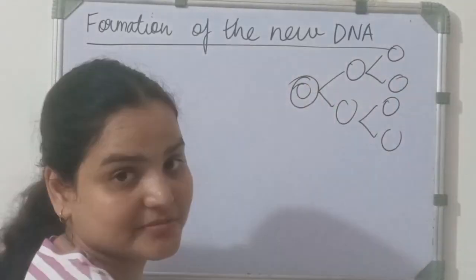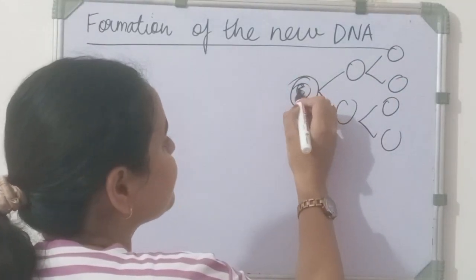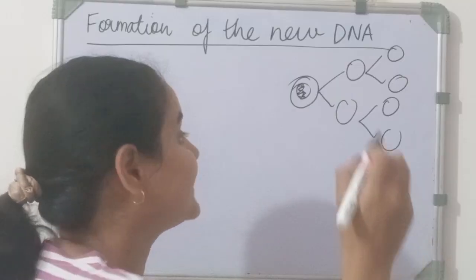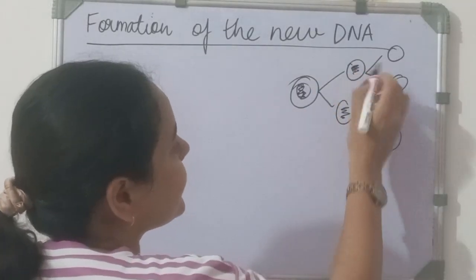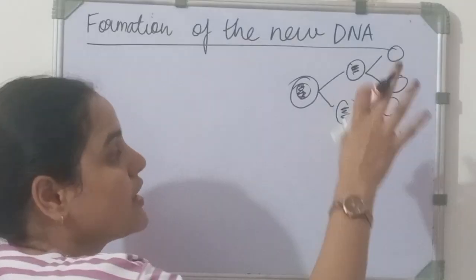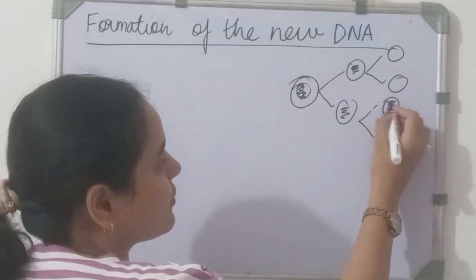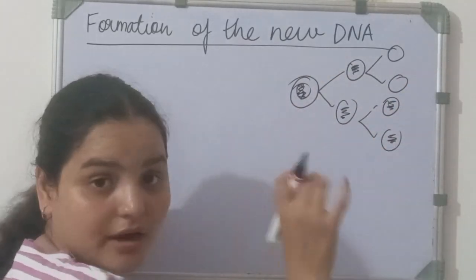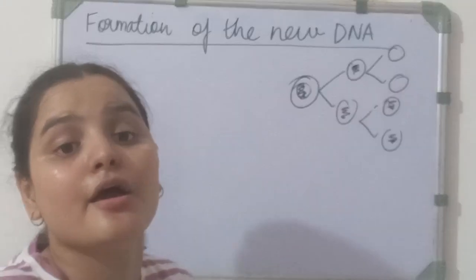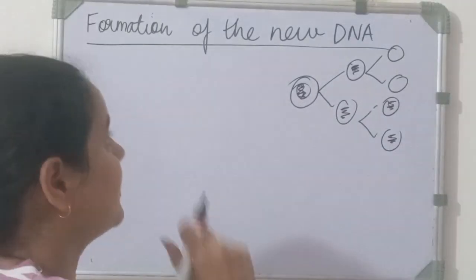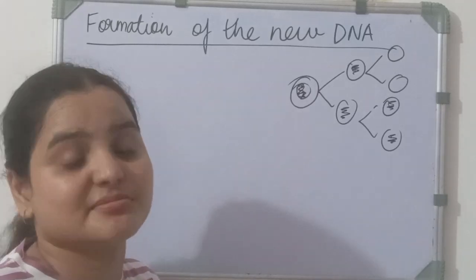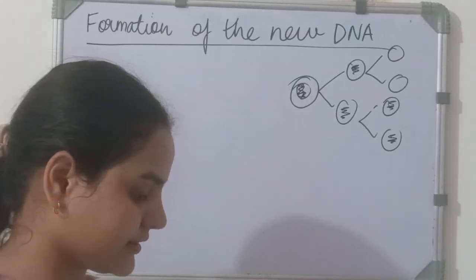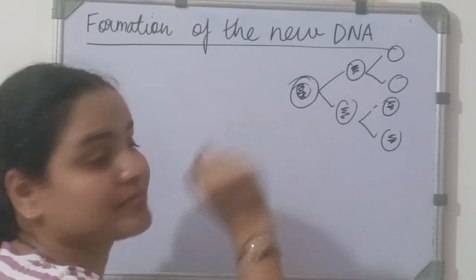If DNA is present, it must be getting duplicated and passed on to the next cells. Then again here also duplication takes place, which again must be passed on to the next cell. So I hope you understand the reason why we are forming new DNA, why our body is producing new DNA. Now let's understand how this process occurs.